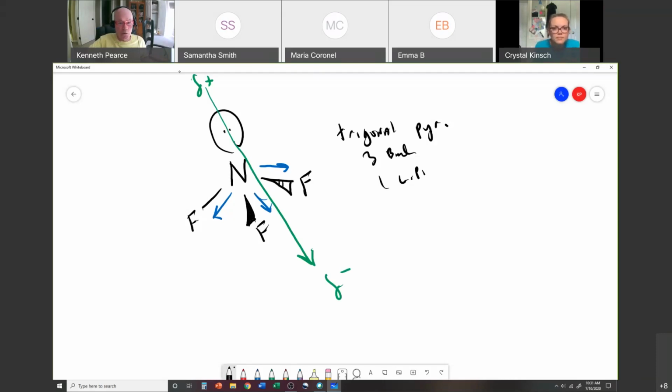This would be in the board, and the other fluorine would be on the board. So it's going down right through the middle of them. All right. And so this is a polar molecule. This whole molecule is polar. The nitrogen fluorine bonds are also polar. The whole thing is polar. It's quite polar. The whole molecule is polar. Quite a bit so.